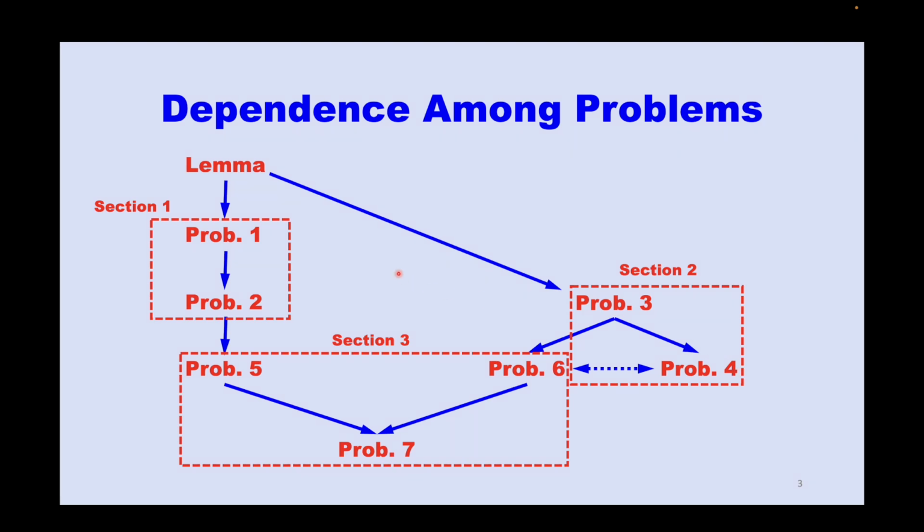And finally, the results here and the results here are combined into section 3, in which we have problem 5, problem 6 from here, and combining problem 5 and problem 6, we have problem 7. Actually, problem 7 is a converse of problem 5.